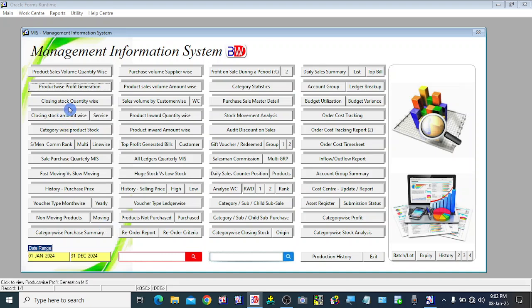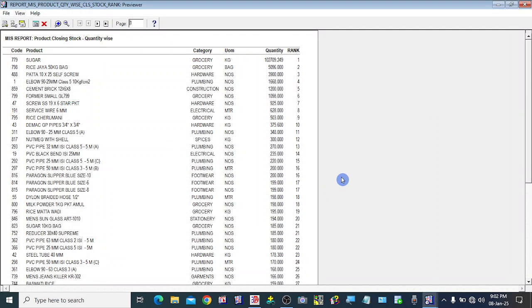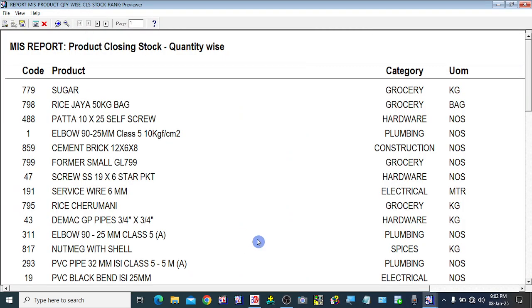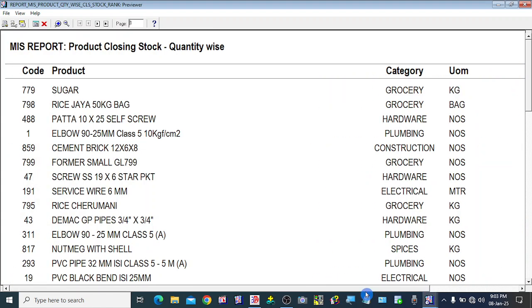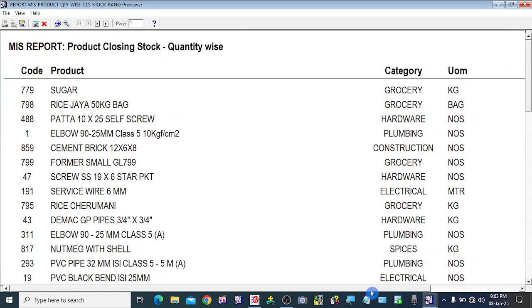By clicking this closing stock quantity wise button, here we can see the system will generate all the products that have closing stock at the moment, and which product has more quantity, we can see in this report.